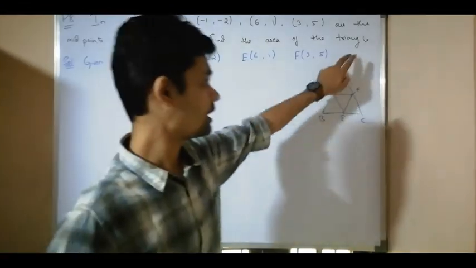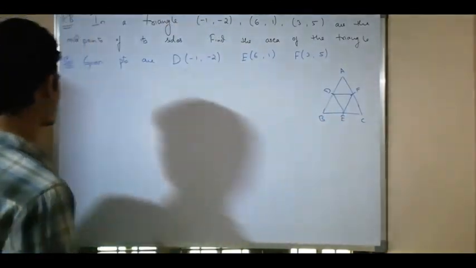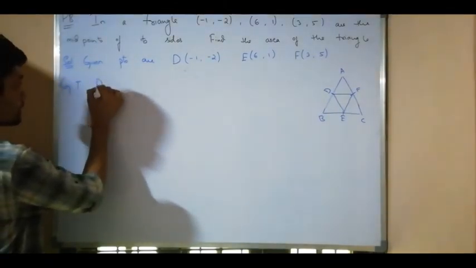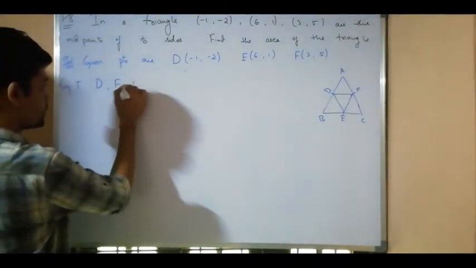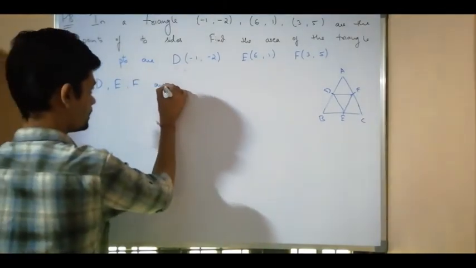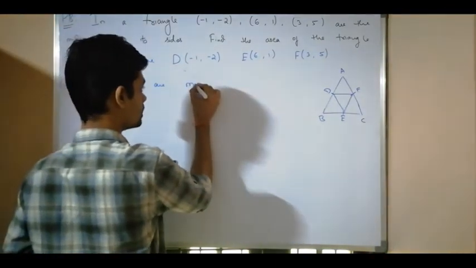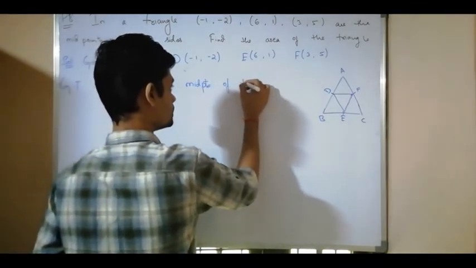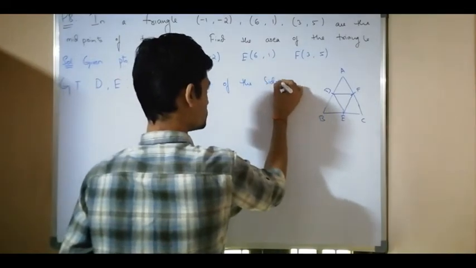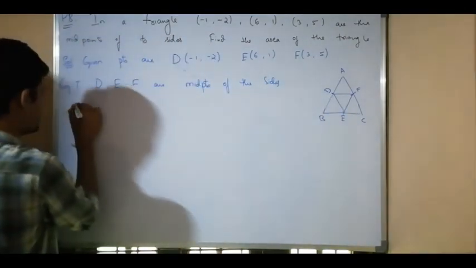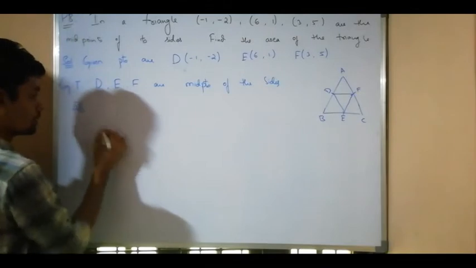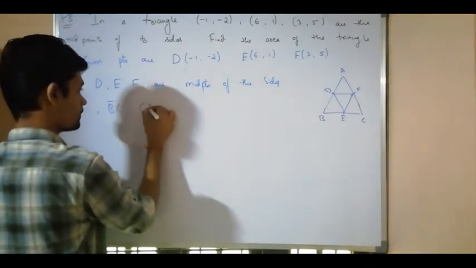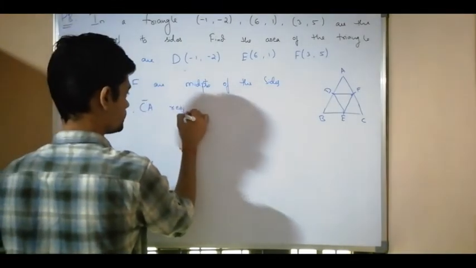Now we have to find the area of triangle ABC. Given that capital D, capital E, capital F are midpoints of the sides AB, BC, CA respectively.